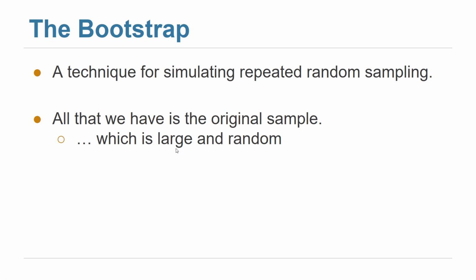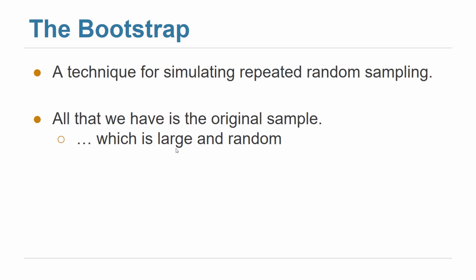Do you remember earlier in the course that we said that if we take a large sample from the population, as the sample is large enough, it will resemble the actual population? So we'll assume that the sample here is large enough, not of course to the size of the population, but large enough.